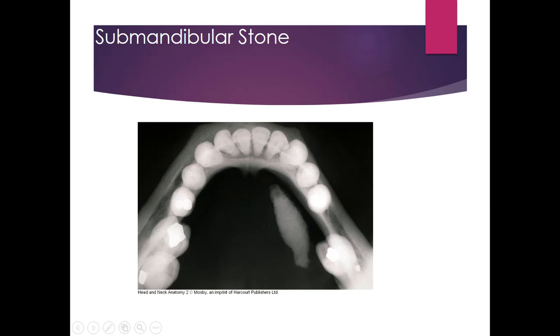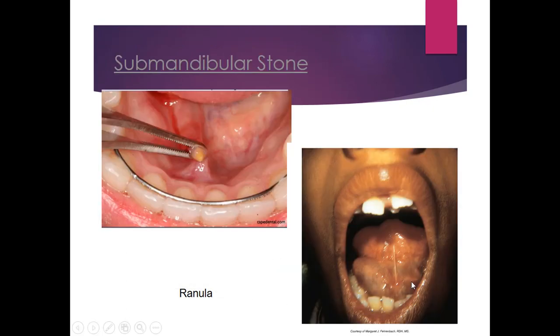So here's an x-ray, a radiograph I should say, and you're looking down into the floor of the mouth. These are the mandibular teeth, and this is an example of a submandibular gland that is blocked with a salivary stone. This can happen because the submandibular gland has that long Wharton's duct, and there's a lot of opportunity for the minerals in saliva to congregate and form a stone.